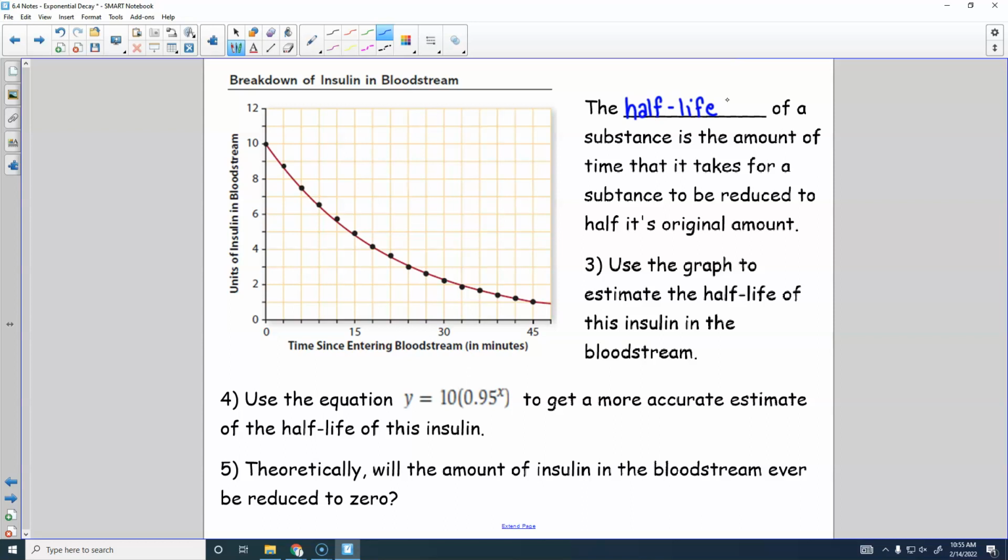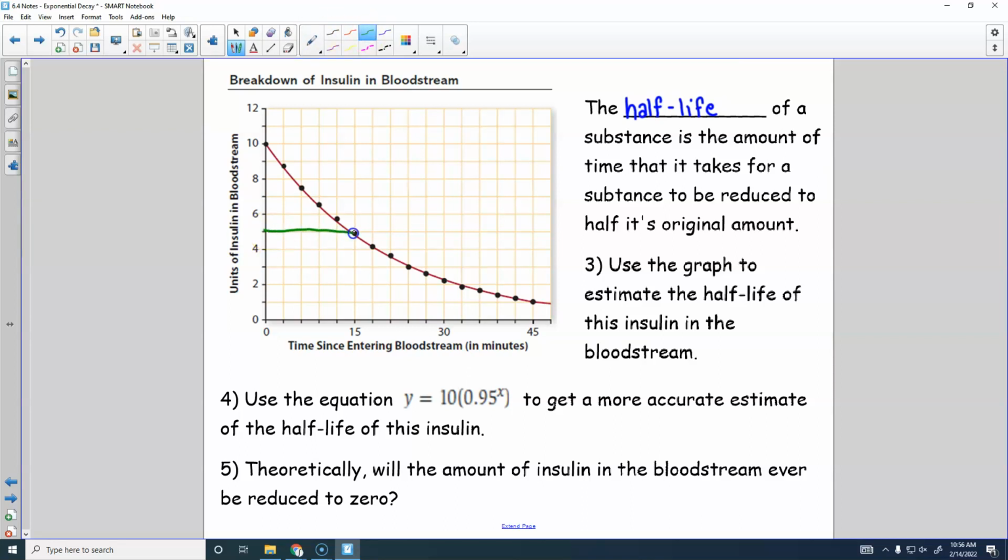So remind me again here, Julian, how much insulin did we start with in this particular situation? 10, yes. All right, so if we're looking for the half-life, we want to know how much is left. 5, right? Half of 10 would be 5. So 5 is right here on our graph.